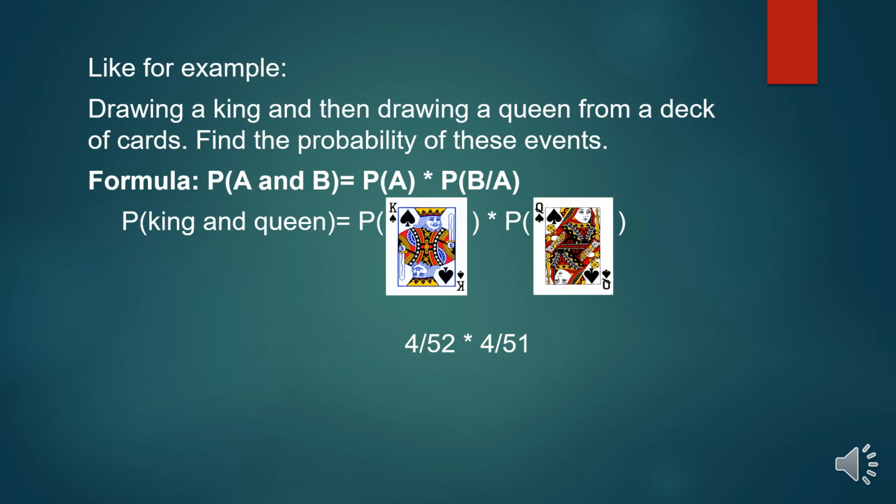So you multiply those and you get 16 out of 2652, which is about 1 out of 169. So there is a 1 out of 169 chance that you will draw a king and then a queen.